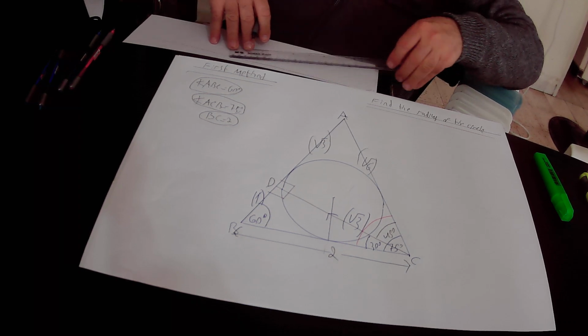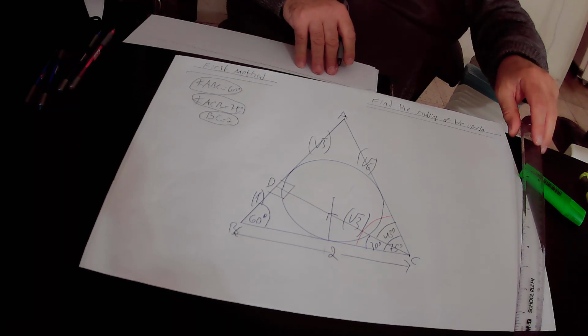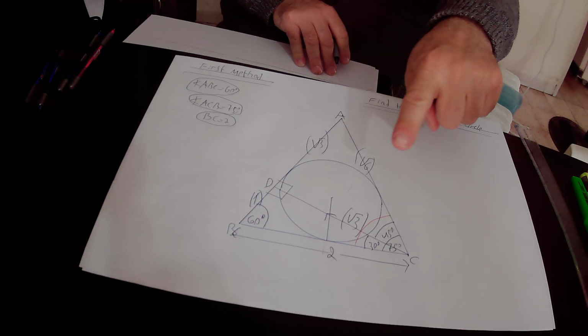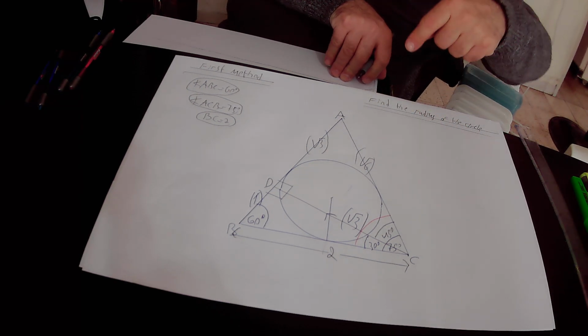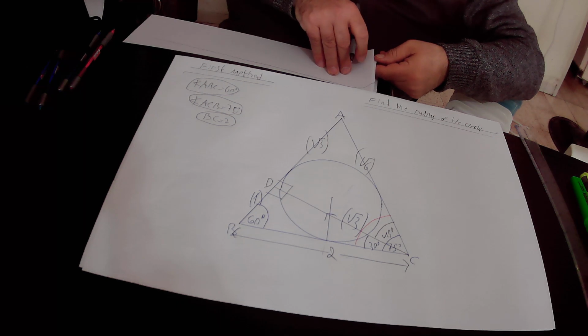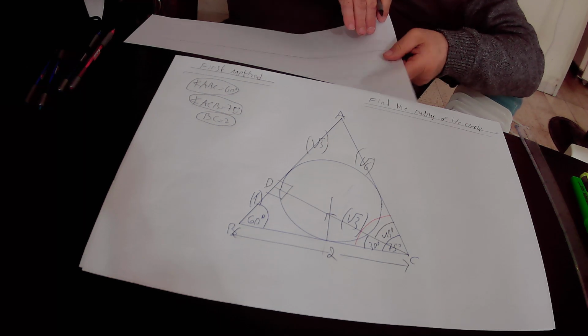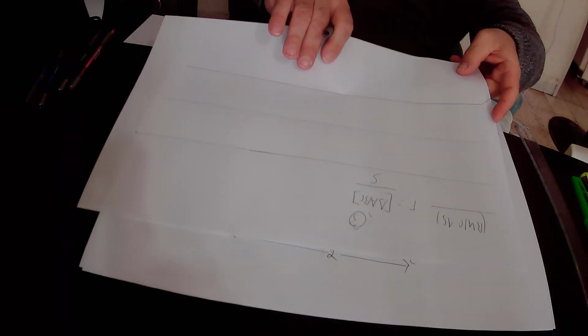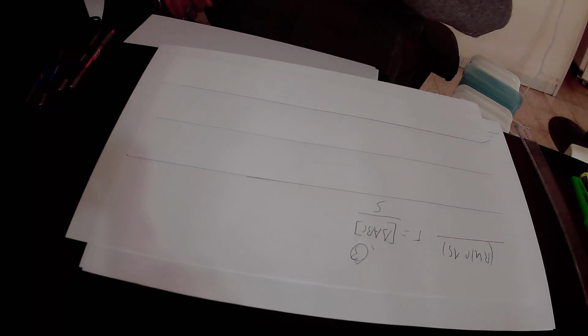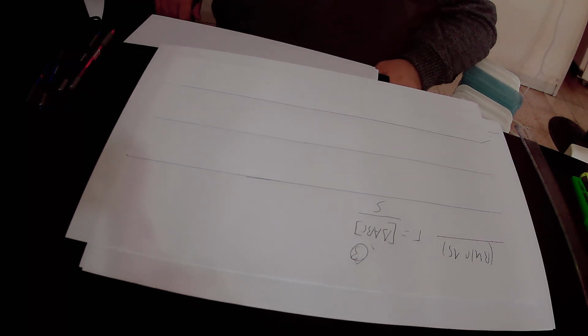Repeat again. The radius R of this circle that is inscribed in triangle ABC is equal to the area of triangle ABC over the semi-perimeter of the same triangle, triangle ABC.